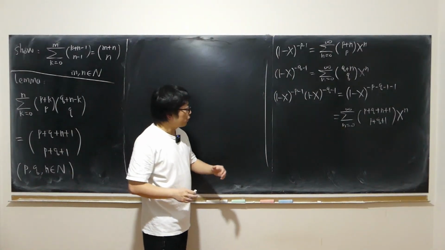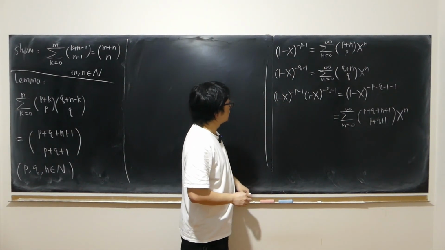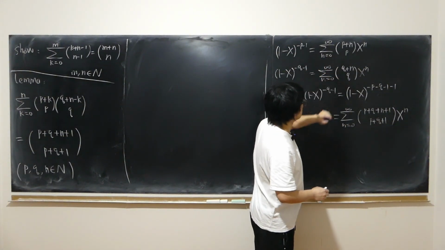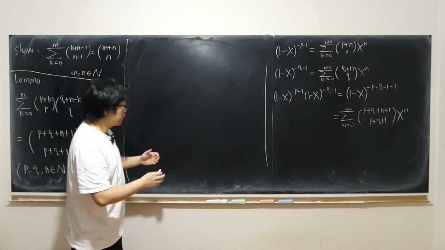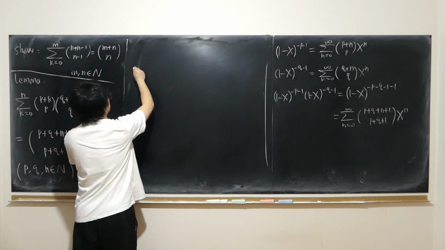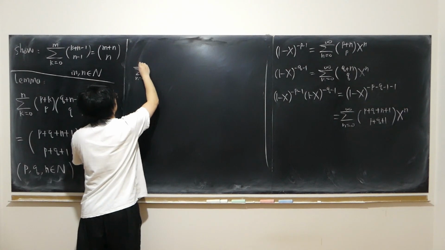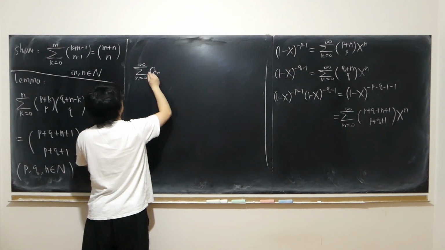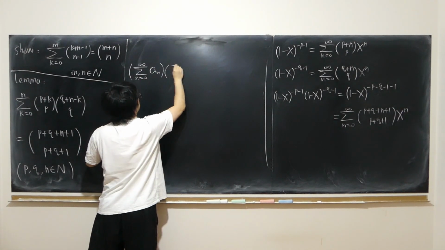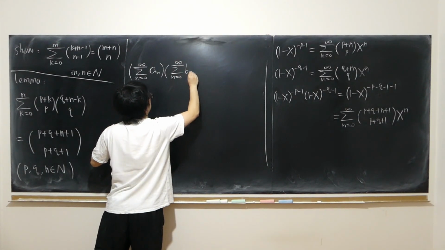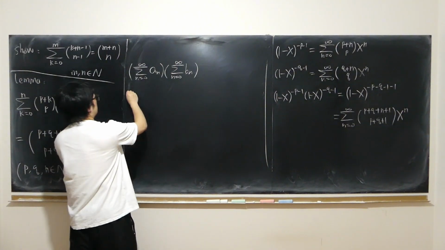So when I'm talking about the product of these two, in other words, I'm talking about this infinite series times this infinite series. So when it comes to that, if you look at the product, for example, the sum from n equals 0 to infinity of some a_n, times this series b_n.